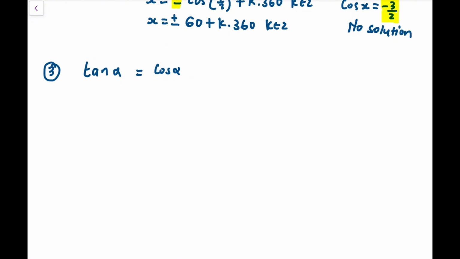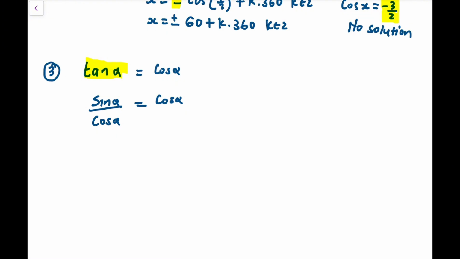So here you can see that we have an identity that we can change. Remember, tan alpha can be written as sine alpha over cos alpha. So we are going to have sine alpha over cos alpha is equal to cos alpha. Now, we can multiply everything by cos alpha.